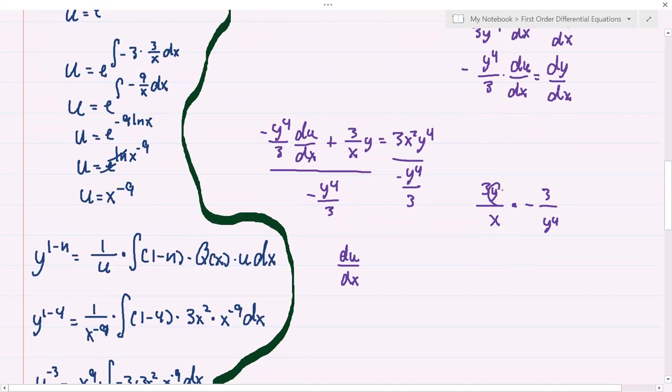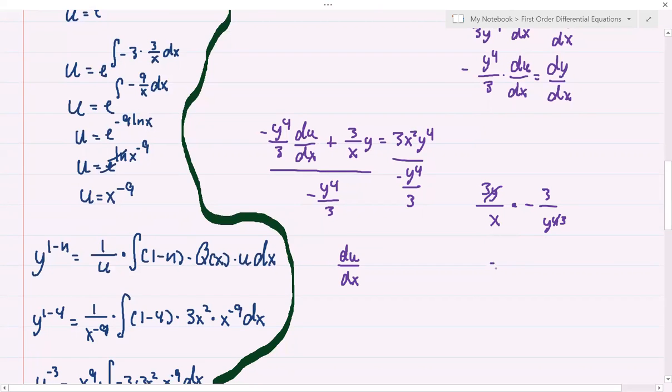In here, we have y on the numerator and y on the denominator. So we can cancel out the y in the numerator, and the exponent of the y on the denominator will be reduced by 1. So we have y cubed.